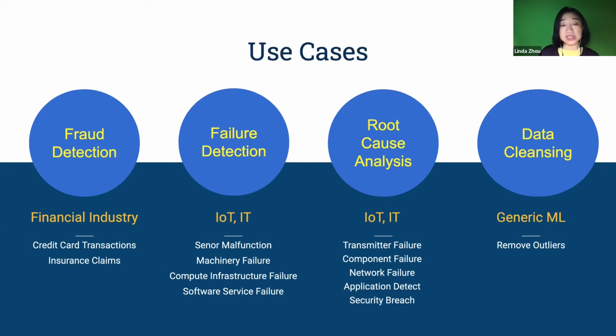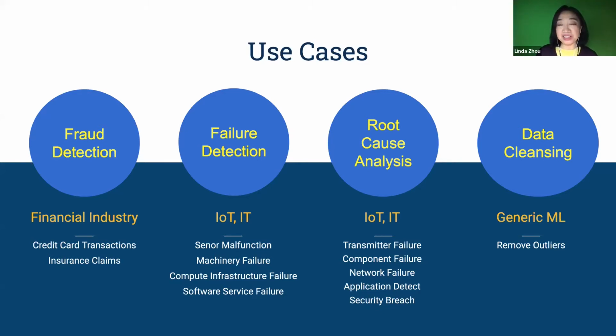And for IT, I mentioned that it's more on computer infrastructure, whether you compute your server, your networking, your disk drive, to detect whether that's a failure over there, and of course software. So when you detect the anomaly, it's good, it's something not working.